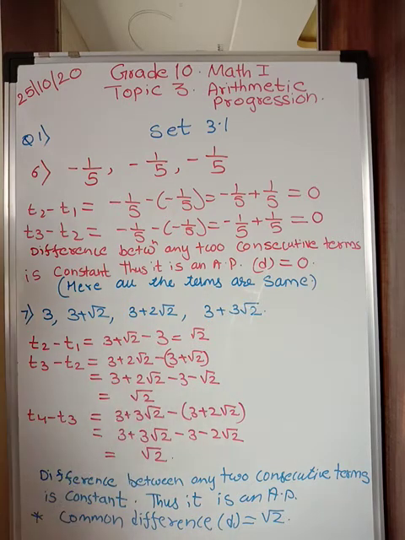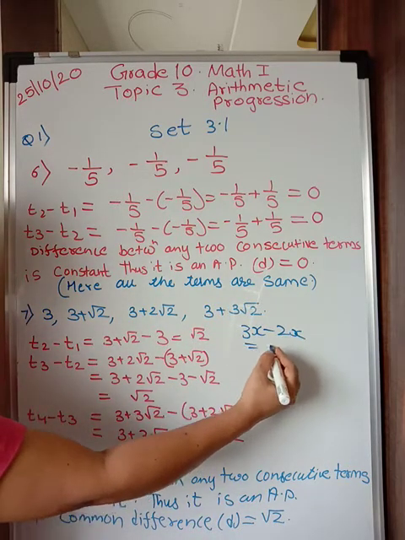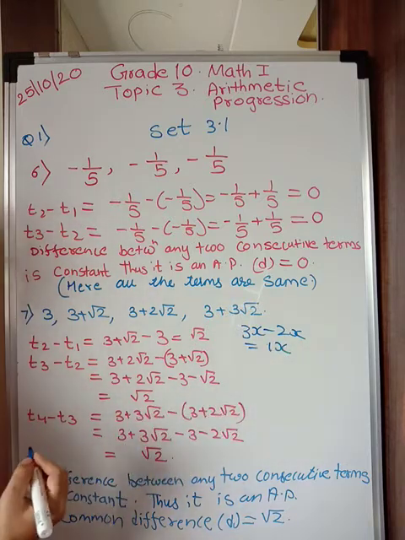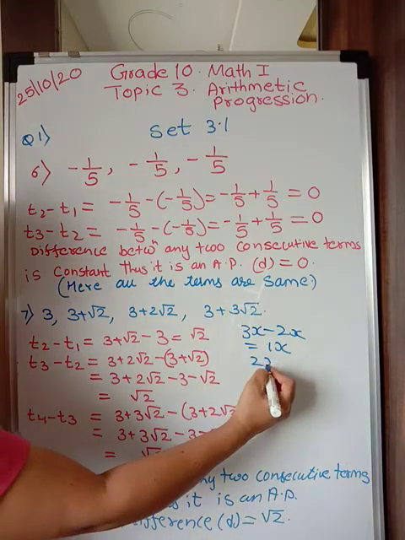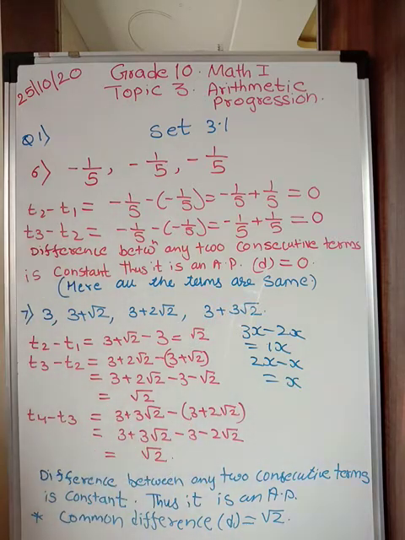It is like, see, if you have 3x minus 2x, what is your answer? It is only 1x. Are you understanding me? 2x minus x, you have only x. So imagine root 2 instead of x, you will understand.